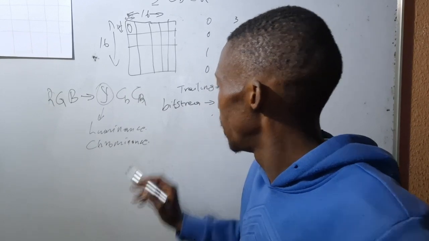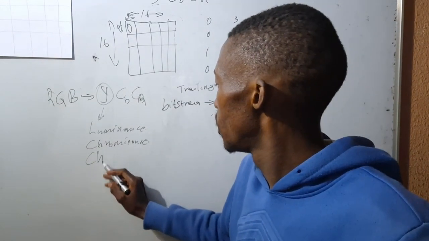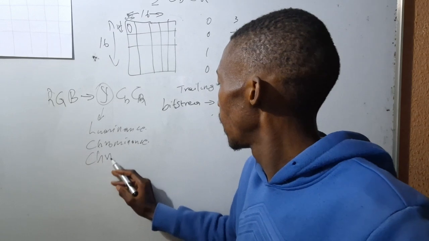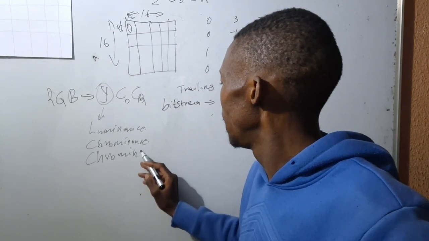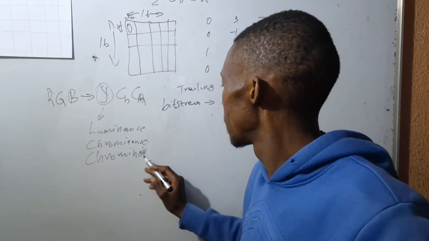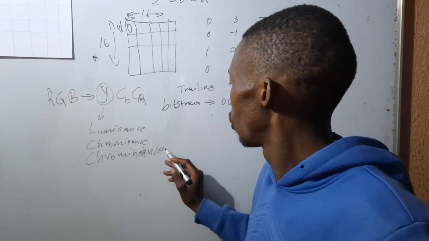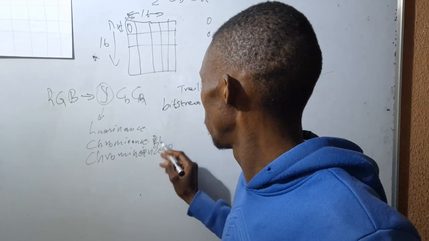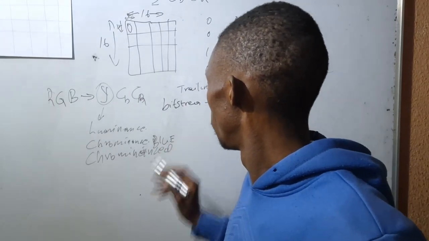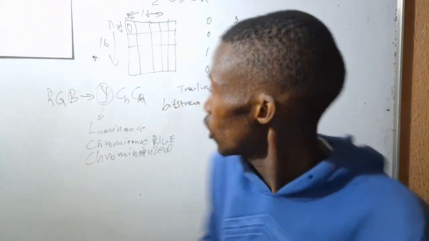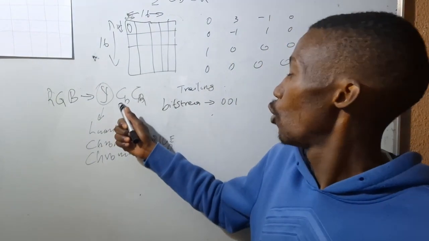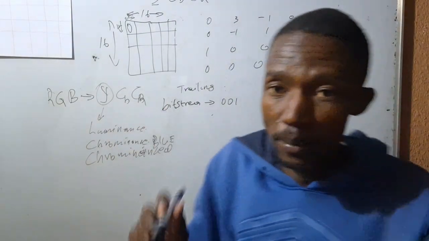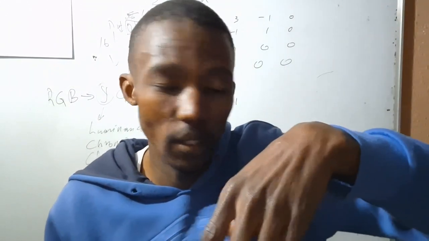So YCbCr is only concerned with the blue component and the red component. The green component can be created from the blue and the red component.